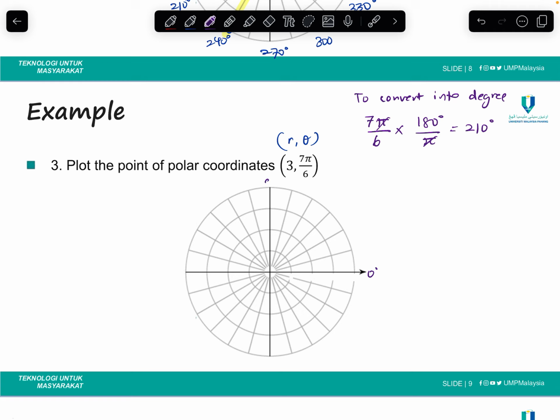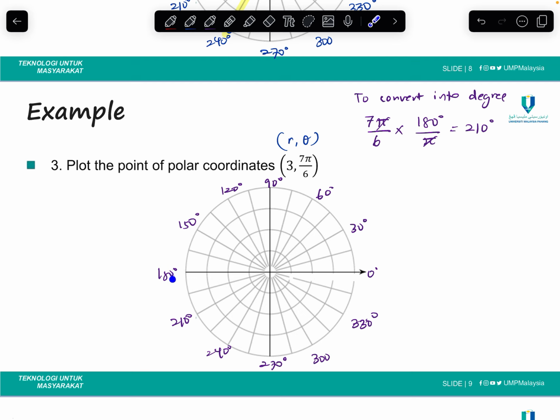So we want to label the angles on the system. Similar to before, we can label by increments of 30 degrees. Now we have to determine the ray or the direction of 210. Look at the angles here.